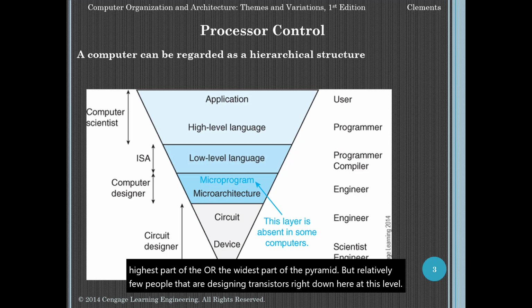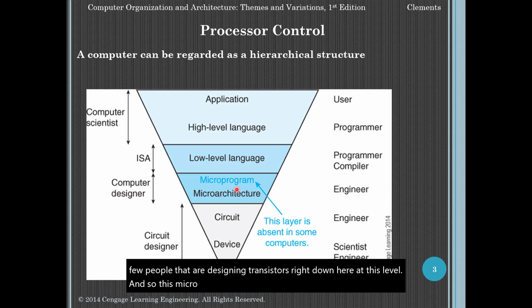And so this microprogramming element might be absent if the low-level language is directly interpreted. Like in our RISC type processors, we may not need this extra little layer in here. But ultimately, this is how we can think of the computer as a hierarchical structure.